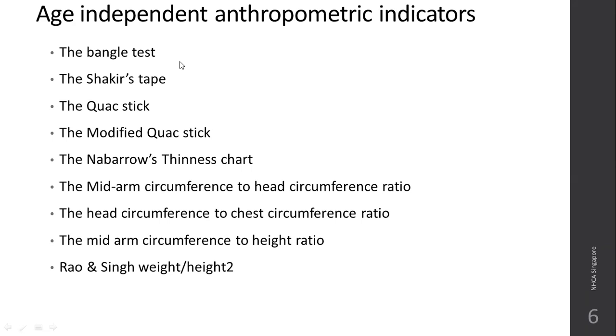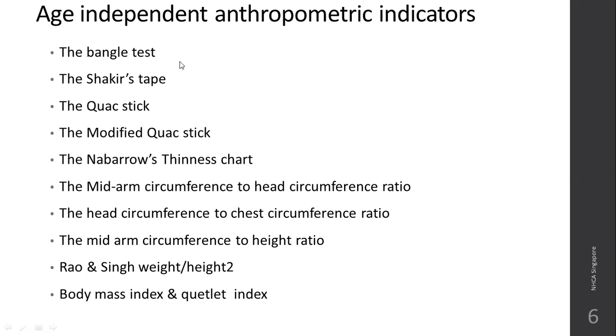If the ratio is 0.0013 to 0.0015, it indicates borderline. And if the ratio is less than 0.013, it indicates severe malnutrition. That is Rao and Singh's method. So all these methods are not age dependent.